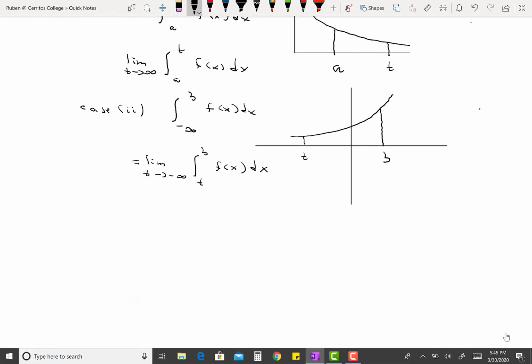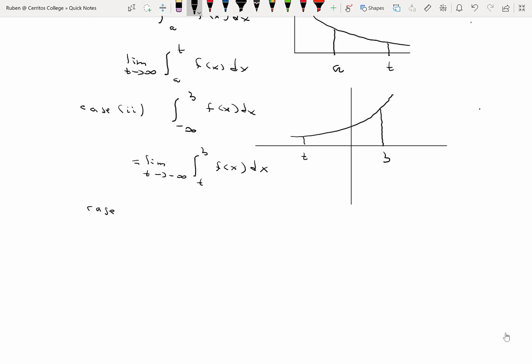The only other case that happens in a type 1 improper integral is when both limits of integration are infinite.